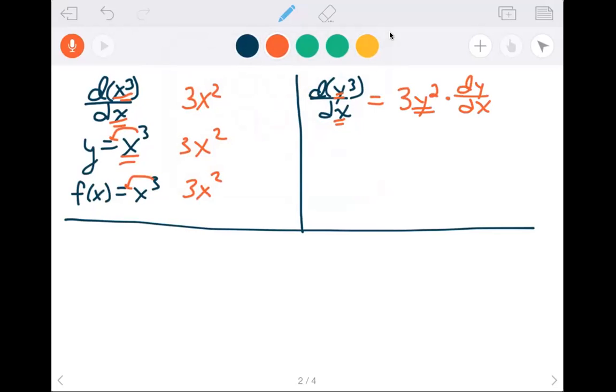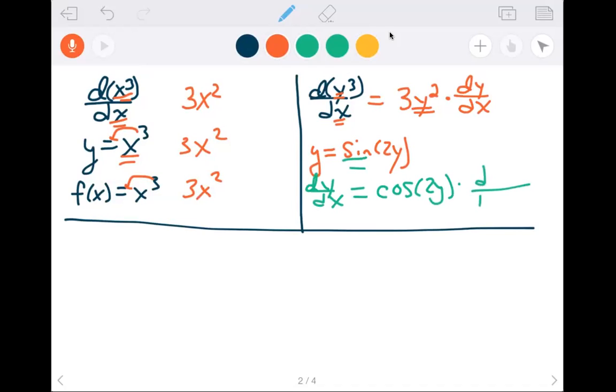So next thing up, what if y equaled sine of 2y, not 2x, so it's not y as a function of x. When I do my derivative, I will get cosine, leave the guts intact, times the derivative with respect to x of 2y.